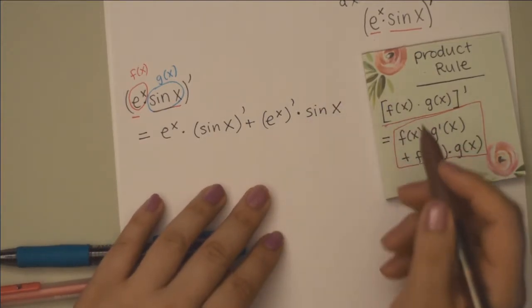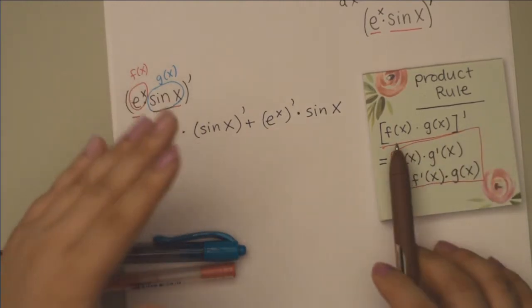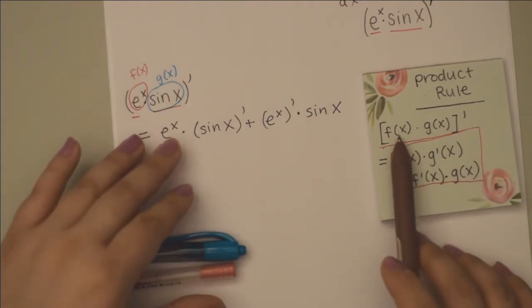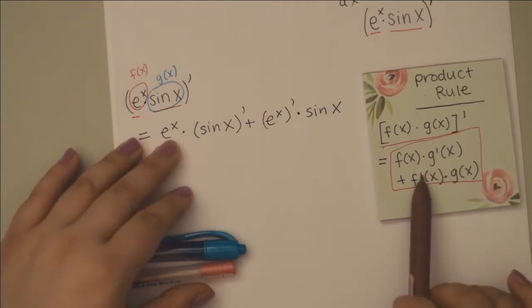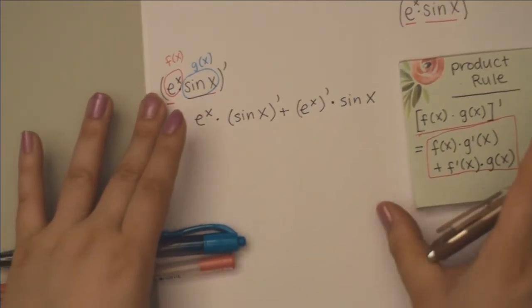Okay? And of course I didn't really mention, but I think it's assumed that f of x and g of x are differentiable. Okay, so that the derivatives actually exist.